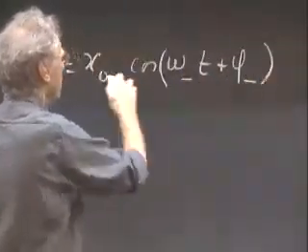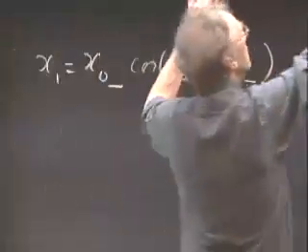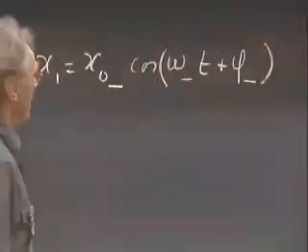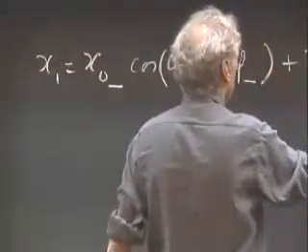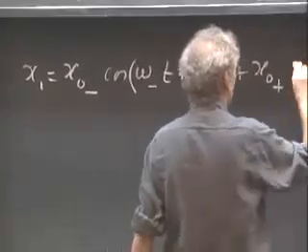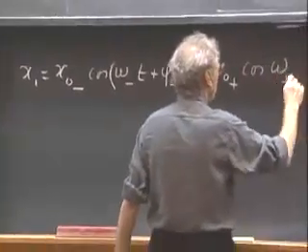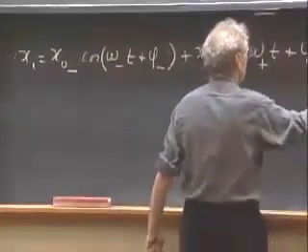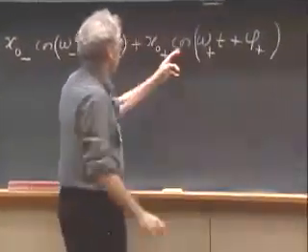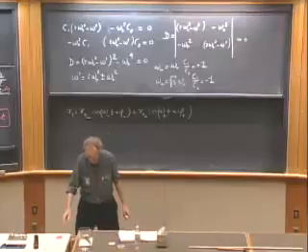All these minus signs make reference to this mode. And then I have plus x0 plus times the cosine of omega plus t plus some phase angle plus. Of course, if you prefer sines instead of cosines, that's fine.